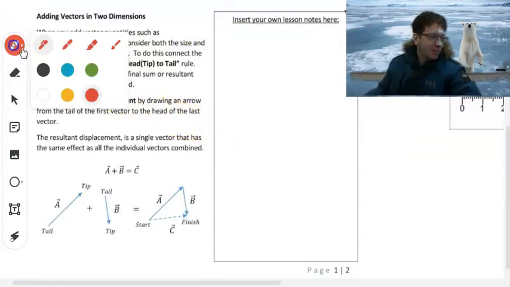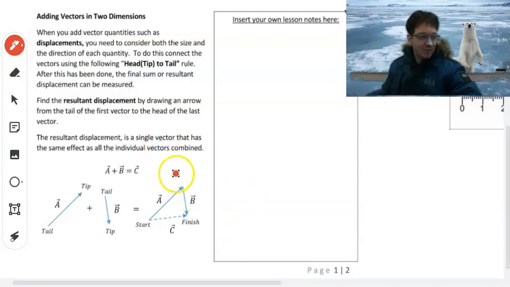All right then, so moving on, now that we know how to identify or label the direction of a vector in 2 dimensions, we need to figure out how to add them. We have a vector. It's just an arrow. The arrow portion we call the tip, and the end of the arrow we call the tail. We have 2 vectors, say A and B, and we want to add them. We are going to move them.